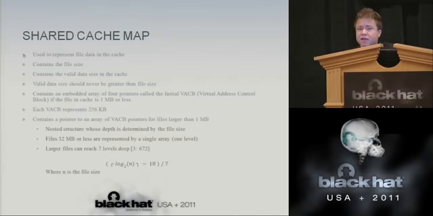The maximum file size is 2 to the 63rd power, so that gives us 7 levels deep. I'll let him explain it to you in his book because he could do it more elegantly than me. But basically there's a formula where you could calculate the number of levels of depth of this array tree given the file size.